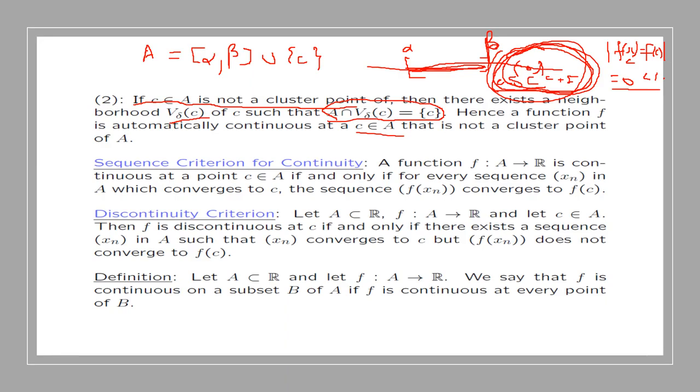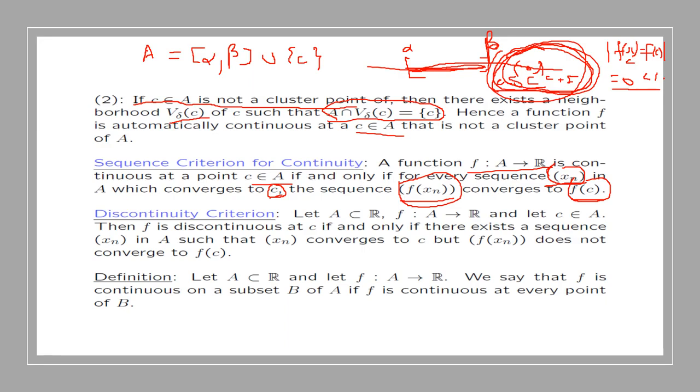The sequence criterion tells you that a function f is continuous at a point C in A if and only if for every sequence xn in A which converges to C, the new sequence f of xn converges to f of C.